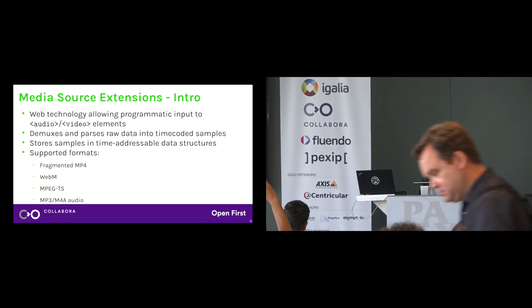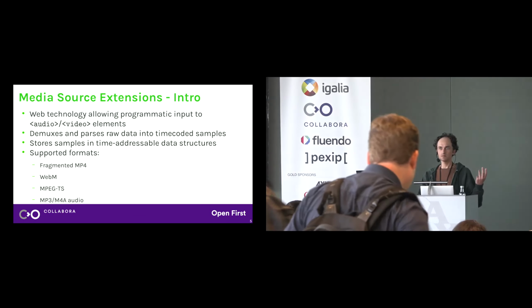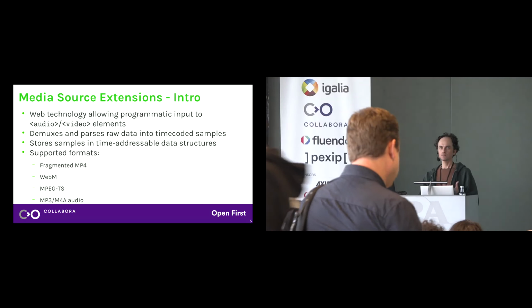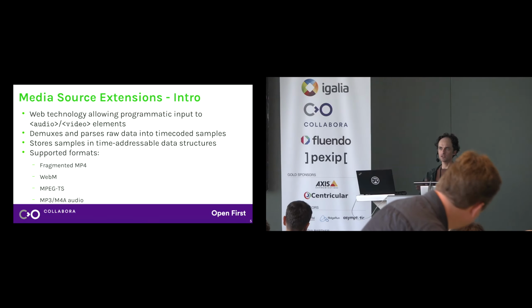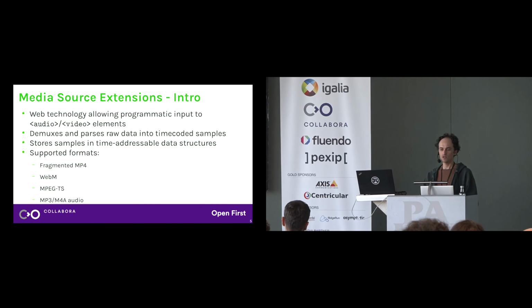And the way it works is, as the media comes in as bytes, it's parsed into something like you'd get in a regular GStreamer program. So it's parsed and demuxed into the format that it comes in, but it's ordered and time addressable. So it goes into data structures where other components can play it back.